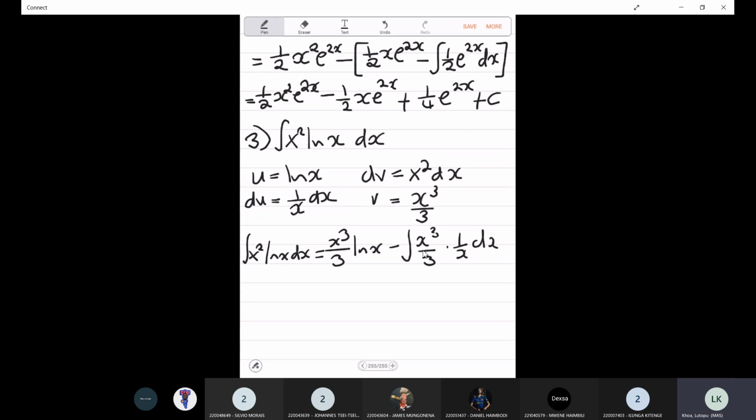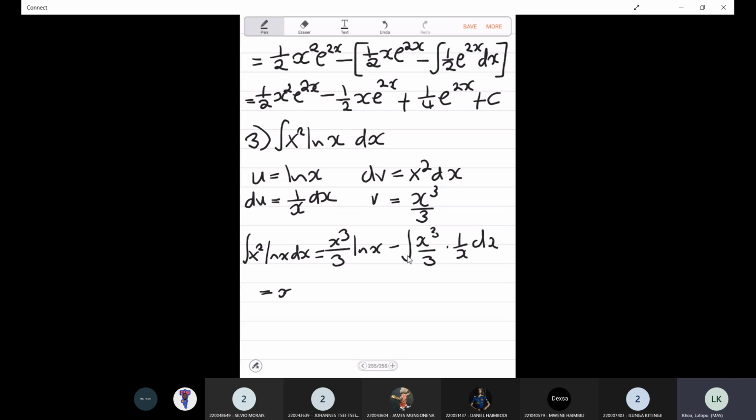Okay, so here the bases are the same. This is x to the power of -1. So in the numerator, I'll be left with x squared, and then the 1 over 3 can go outside. So you can see that integrating this, I don't require by parts. I can just use my table of integrals.